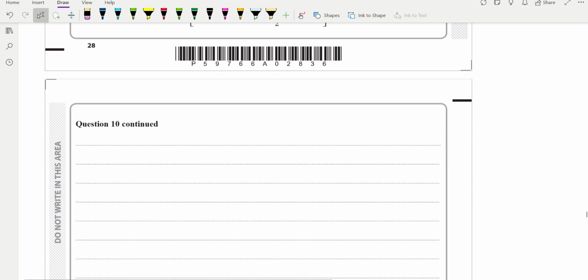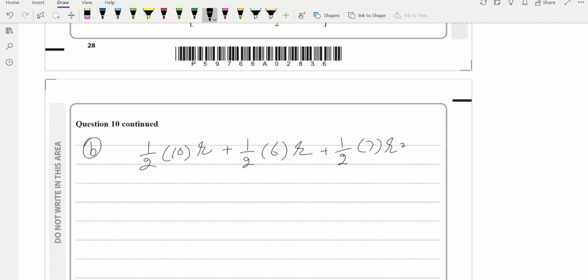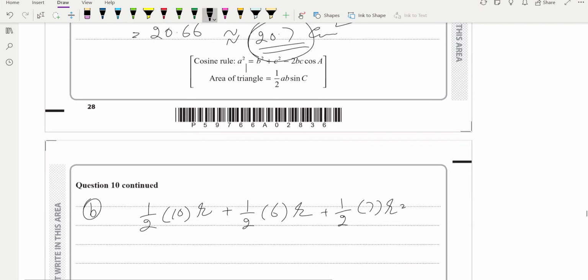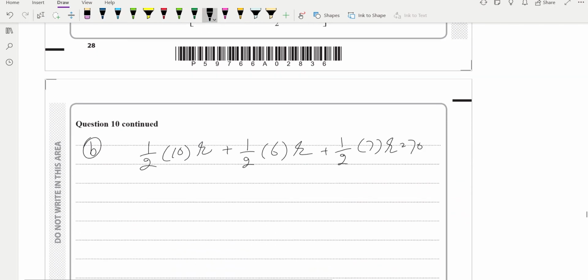So B part says 1 by 2 into base into height, which is R, plus 1 by 2 into base into R. These are three triangles which we have just now shaded, and the area of triangle we found in this part is 20.7, which we can write over here, 20.7 centimeters square.